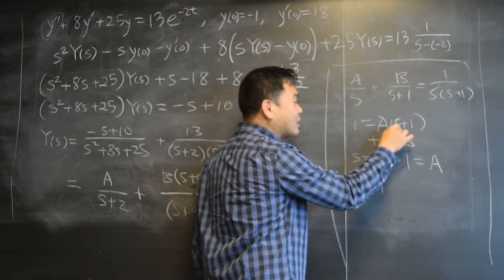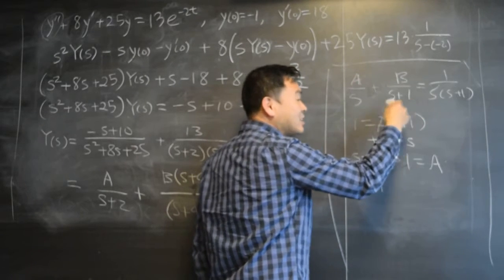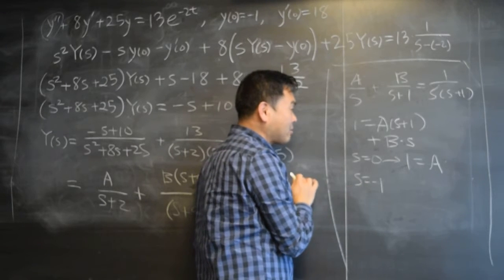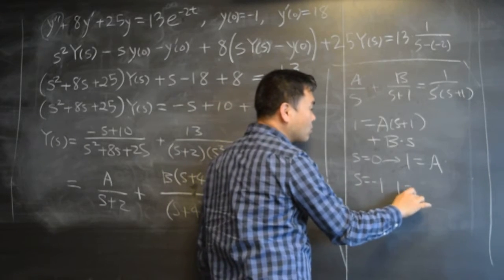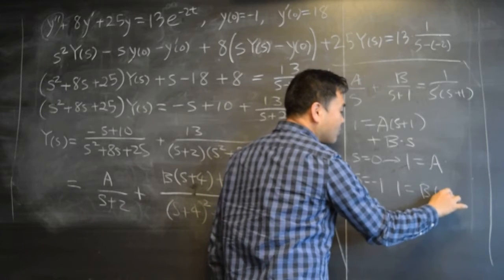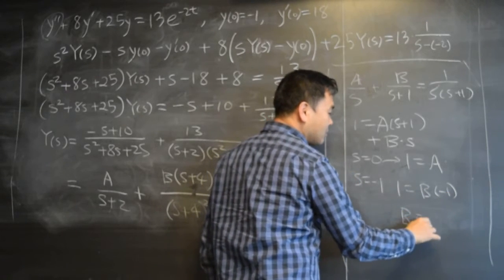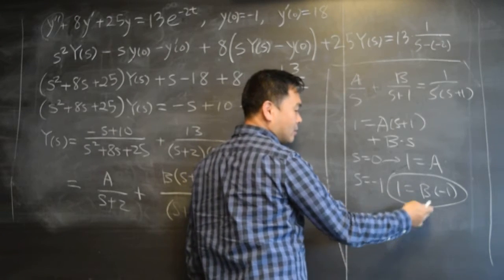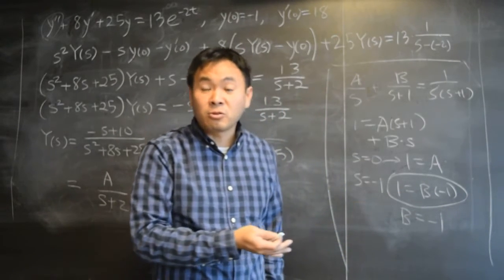Why negative 1? Because negative 1 plus 1 gives you 0, deleting A completely, and you're just left with B. So that's why I chose s equals negative 1. So you have 1 equals B times negative 1, and therefore, for this to be a solution, B must be? Negative 1. Negative 1. And that's exactly the solution, right?